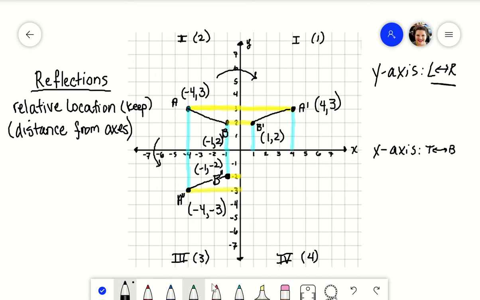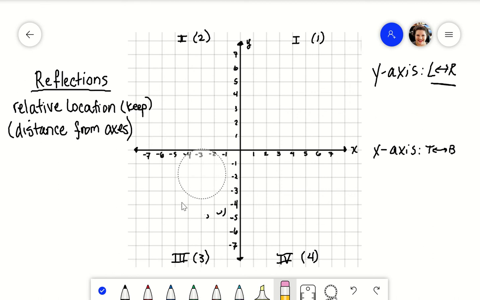Now let's take a look at a three-dimensional reflection. Okay.